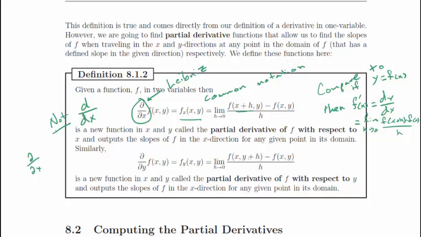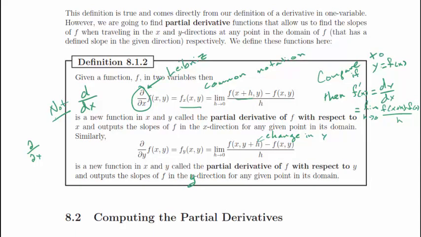So again, our change in y is h, while the x is not changing, all over our h, so our change in y is going to 0. So this is a new function in x and y called the partial derivative of f with respect to y, and outputs the slope of f in the y direction for any given point in its domain.